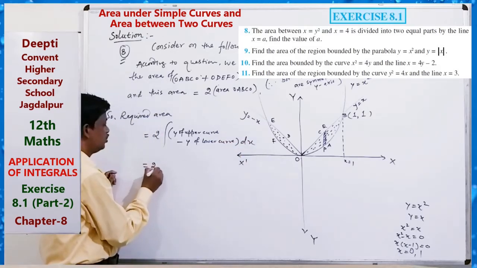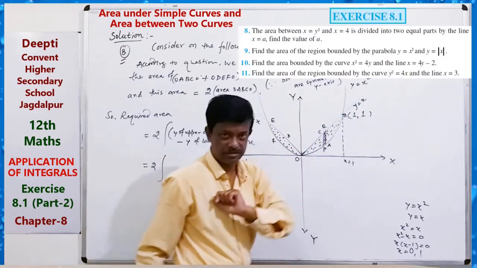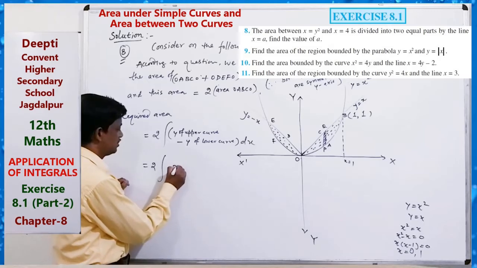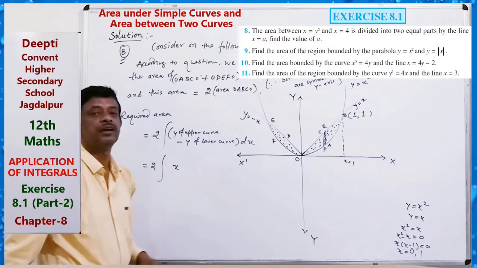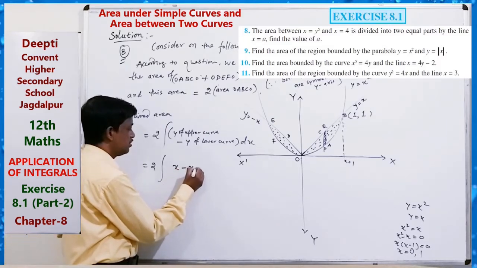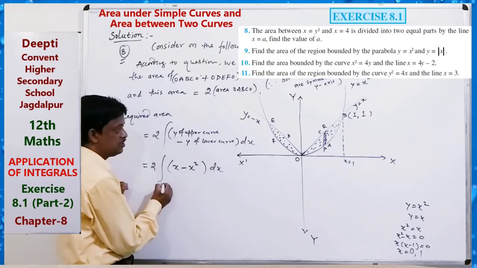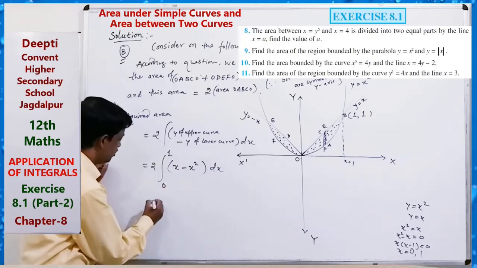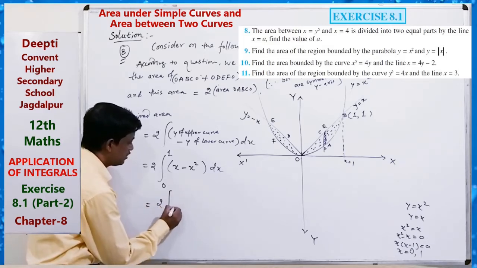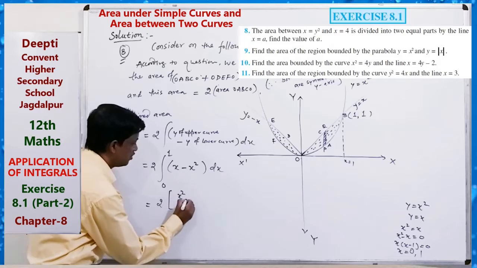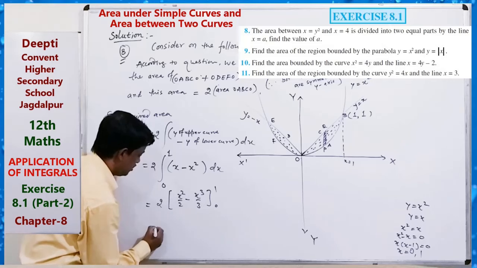The upper curve is y equals x, and the lower curve is y equals x square. So x minus x square dx, with limits from 0 to 1. So we have to solve this. To integrate it, x square by 2 minus x cube by 3, from 0 to 1.